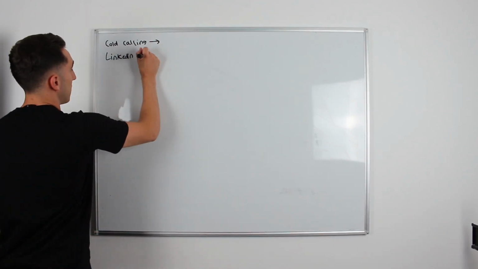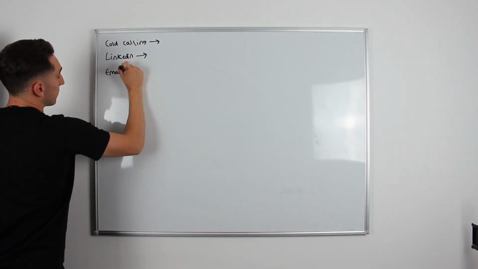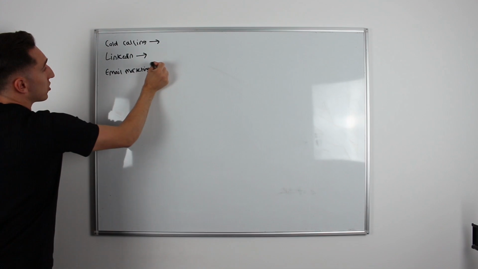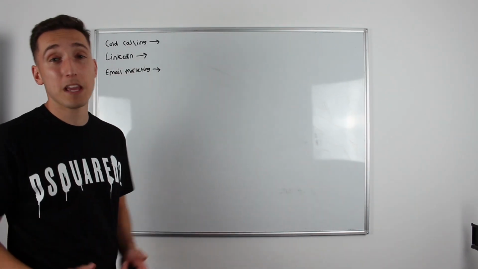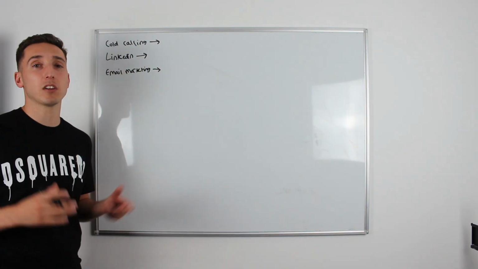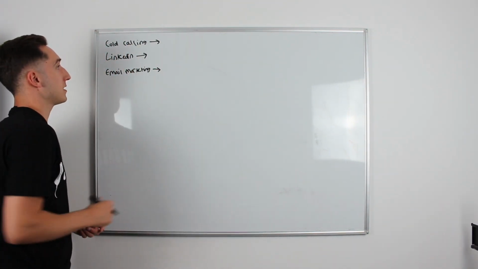So LinkedIn, then email marketing. You want to be able to set up email marketing to be able to target 5,000 people per month, personalized and automated. This is essentially going to be running in the background. So let's break this down in a little bit more detail.